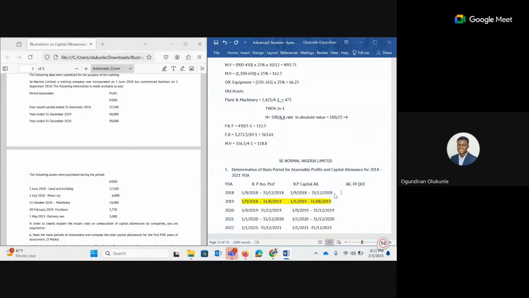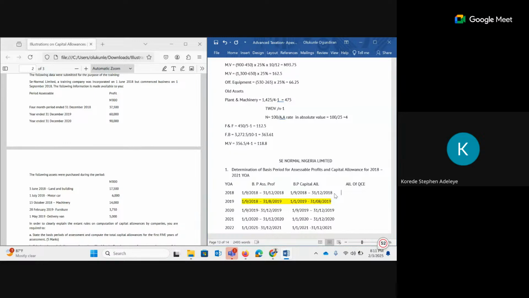So let's look at the first asset. Don't forget our rule. Assets purchased before the date of commencement are deemed to be purchased on the day of commencement. Do you remember that? Yes.